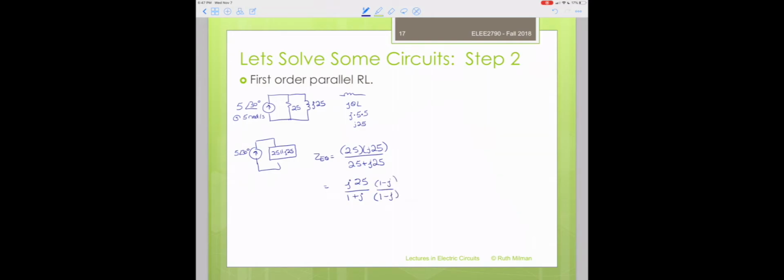We do that on the top and bottom, and on the bottom we're going to have 1 squared plus 1 squared, or 2, and on the top we are going to have j25 minus j squared times 25. Of course, j squared is just -1, so this is equal to 25 plus j25 divided by 2.